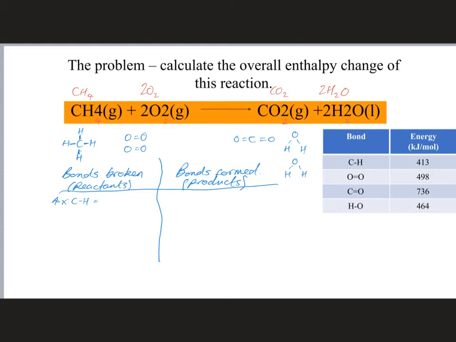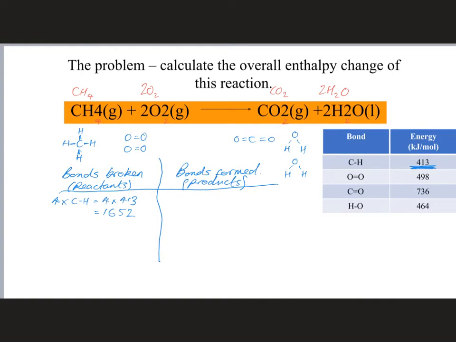And so the energy required to break those are 4 times, and then when we look over here, we can see that each CH bond needs 413 kilojoules per mole to break. 4 times 413 kilojoules of energy. And if you get your calculator out, you would work out that that comes to 1,652 kilojoules per mole.